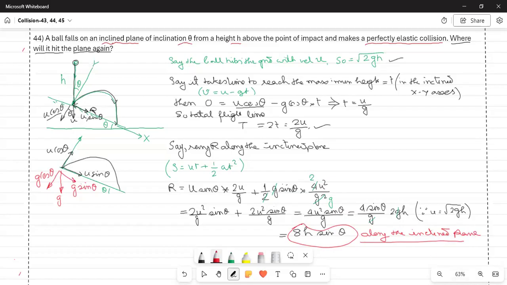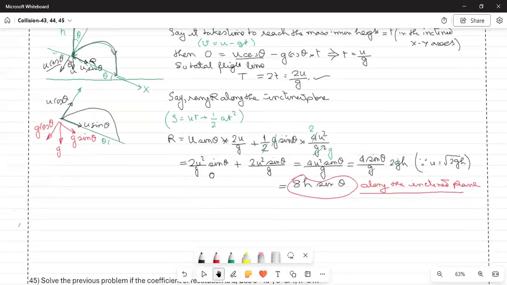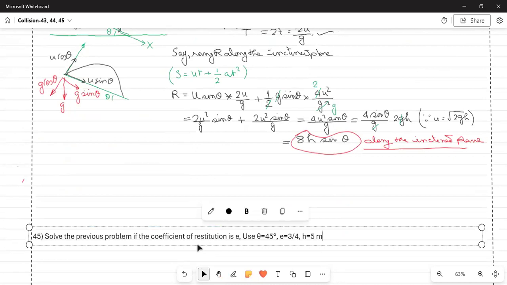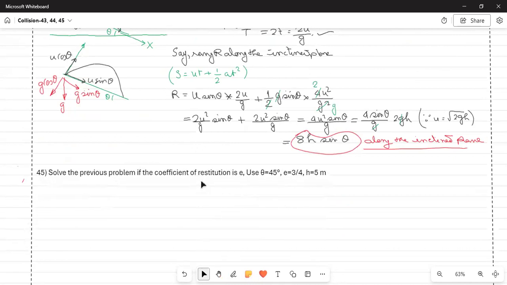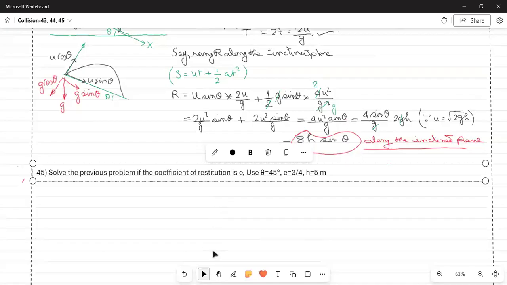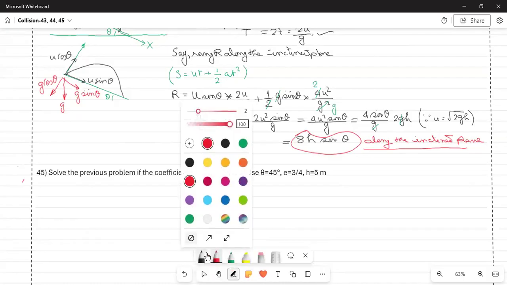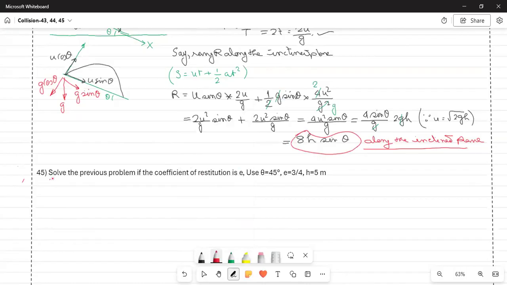what we shall do, we shall now also take care of your next problem, because the next problem is the same problem with a different initial condition. The next problem says, solve the previous problem if the coefficient of restitution is e.